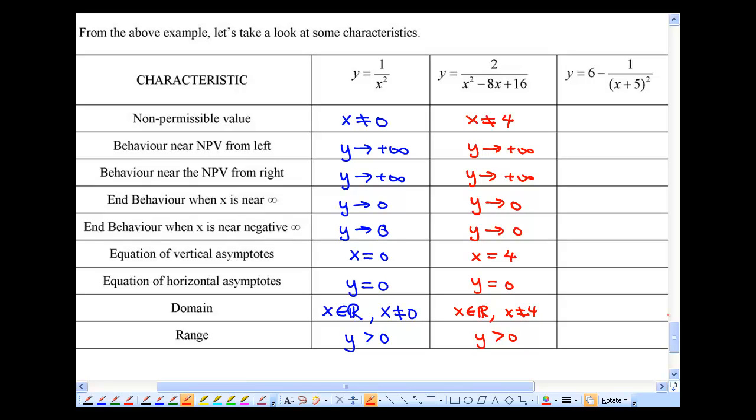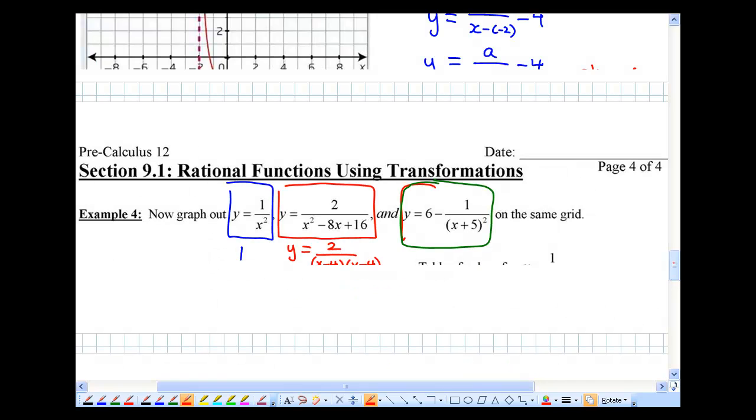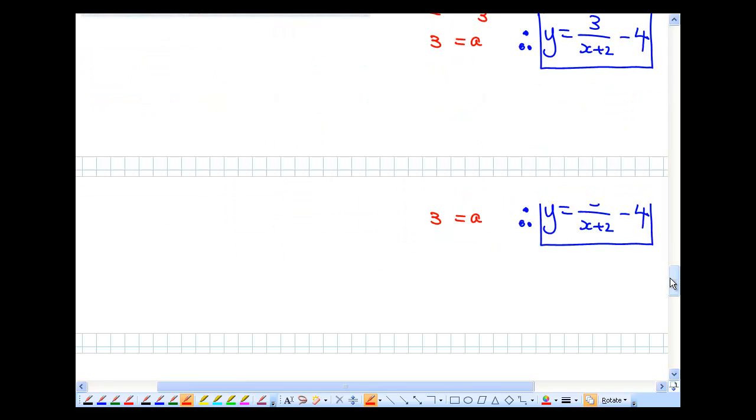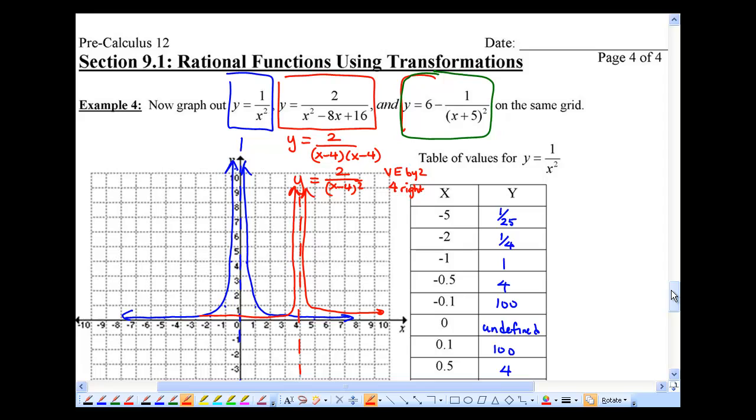Alright, one more. Back up to the top. Oops, I went too far. Okay, how about the last one?